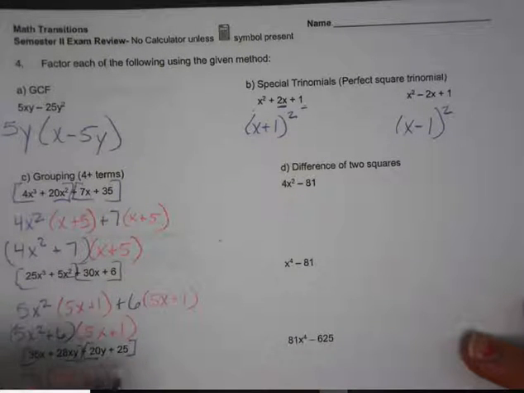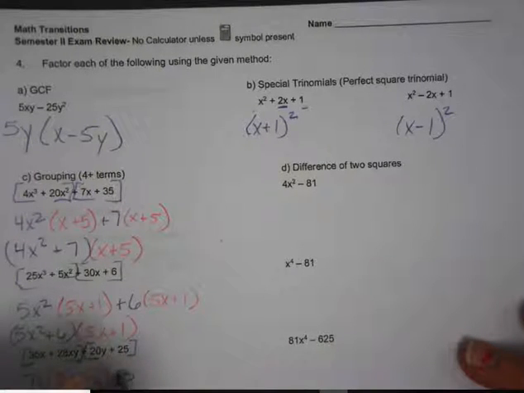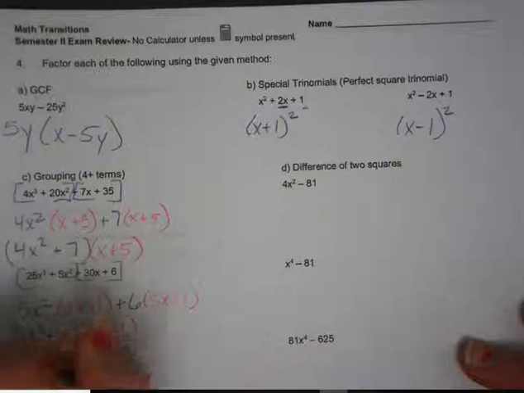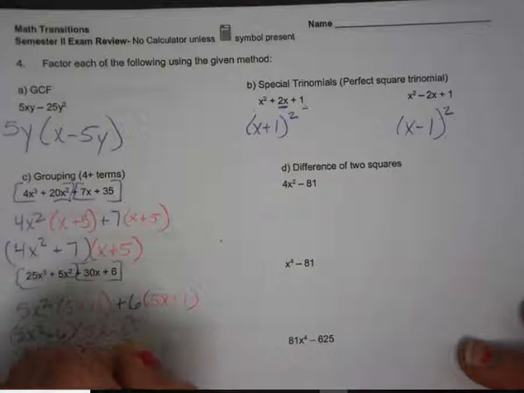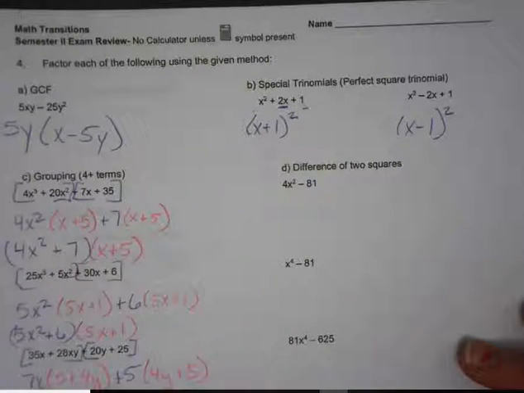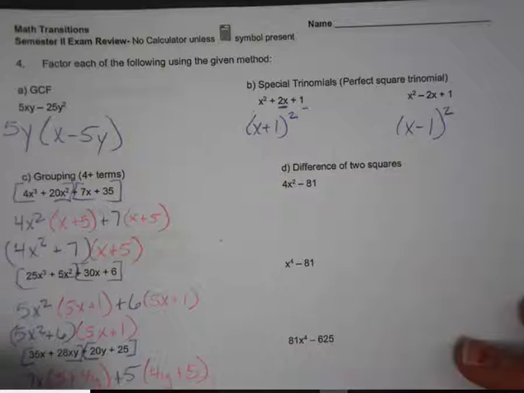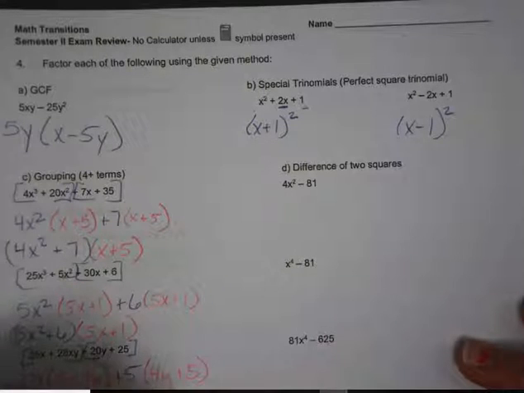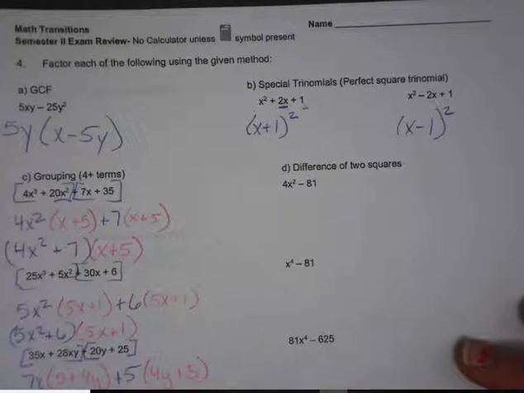And then we're going to take out the common factor from 20y and 25, and that's going to be 5. And that gives me 4y plus 5. But remember, addition is commutative, so it doesn't matter what order we put them in. So 5 plus 4y and 4y plus 5 are exactly the same thing. So we're going to have 7x plus 5 and 4y plus 5. And those are our two factors.